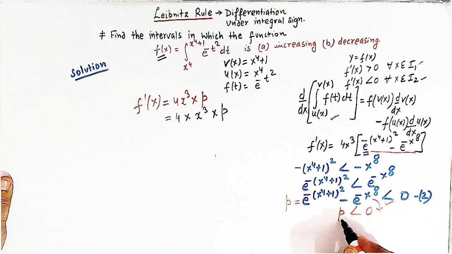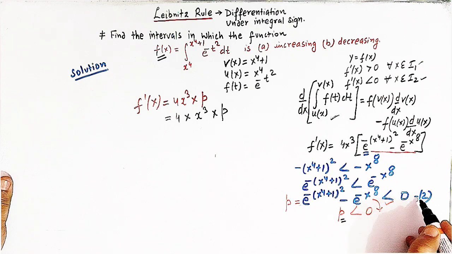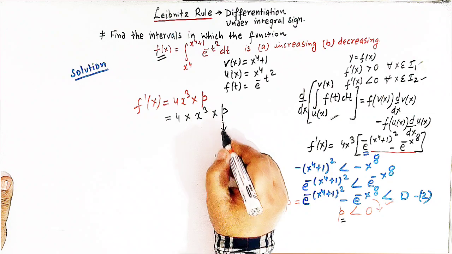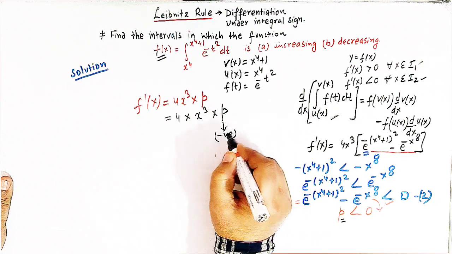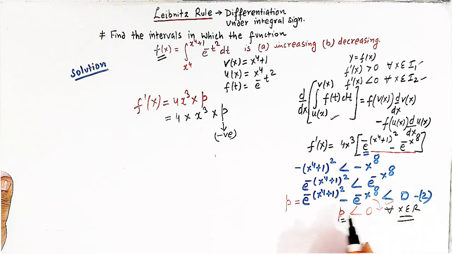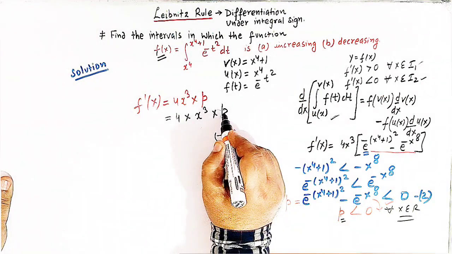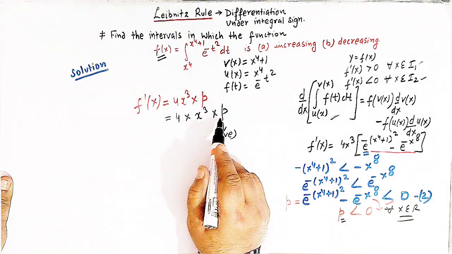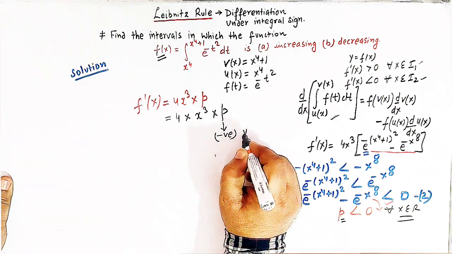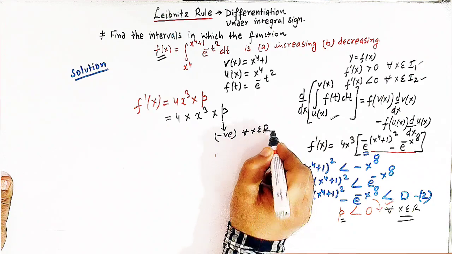Now this p is less than 0 from inequality 2, right? So this quantity is always going to be negative, because p is less than 0 for all values of x belonging to the set of real numbers. We have just proved that p is less than 0, right? So this is for sure that this p is always negative for all values of x belonging to R.